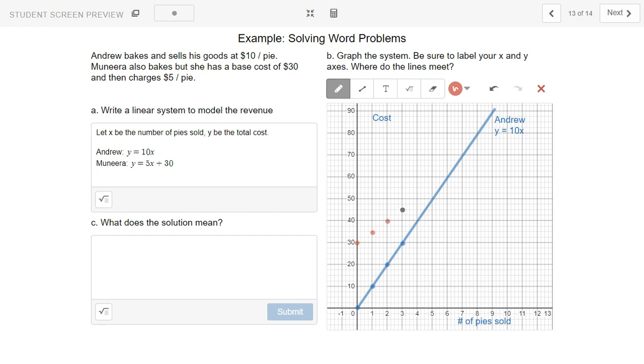Right? We've got enough points to create a nice line. Manira, y is equal to 5x plus 30.